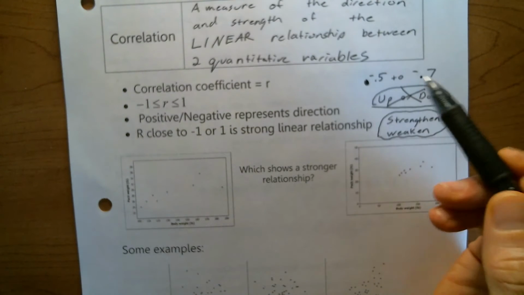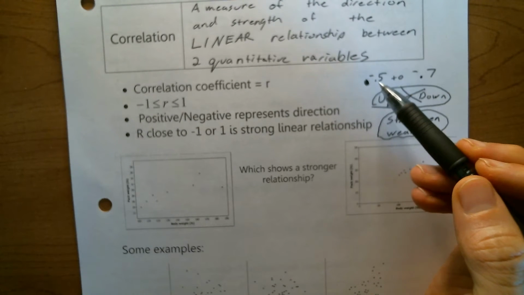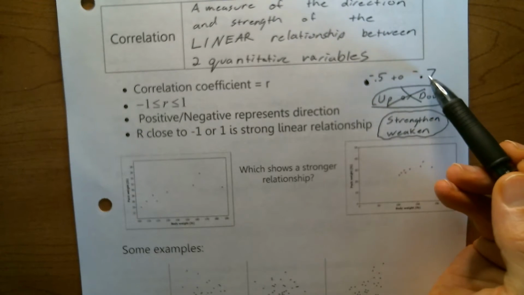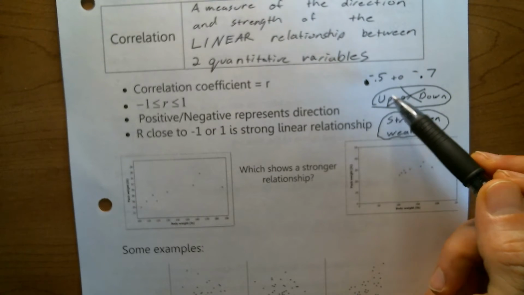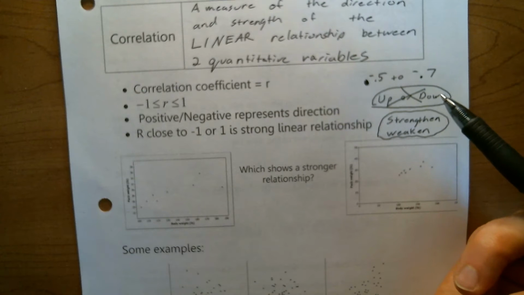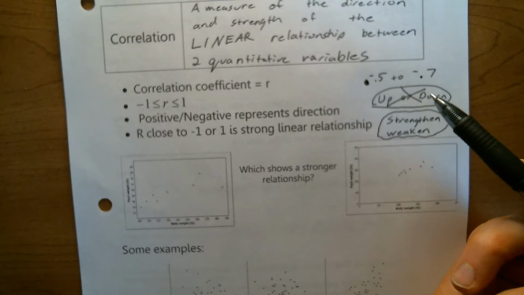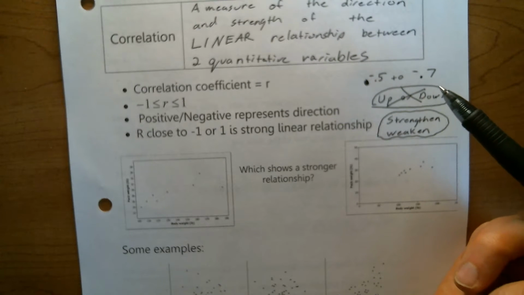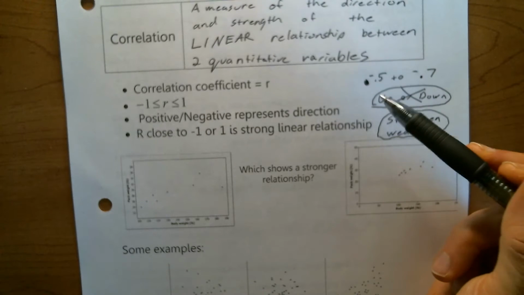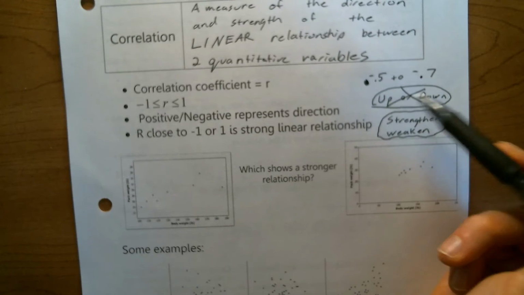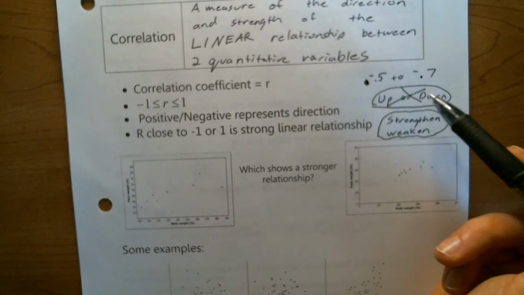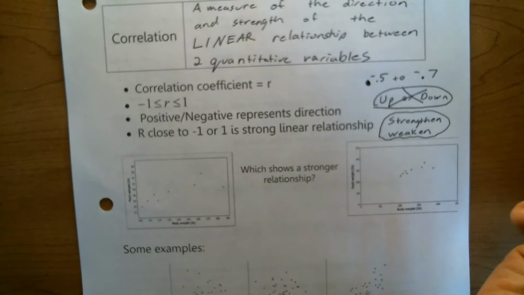Like I can say, oh, this correlation coefficient is strengthening in a negative direction, right? And that way there's no ambiguity about using words like up and down, and like, well, do you mean up because it's stronger, or do you mean mathematically up, which then means it's actually getting weaker in a negative direction? So again, when you're talking about these, I would avoid the words up and down because they can just make things very confusing.